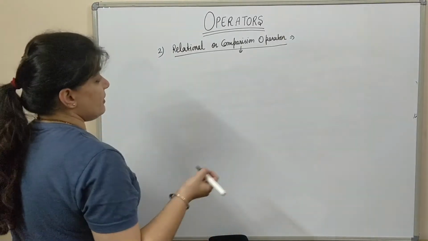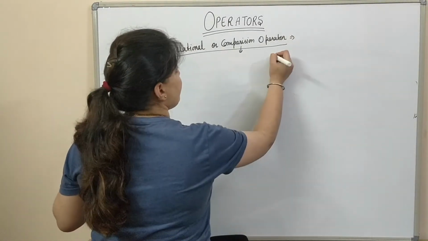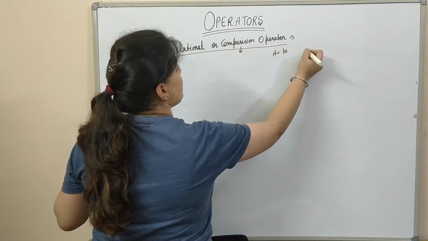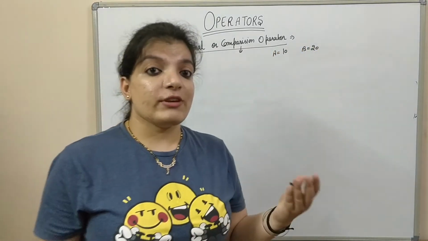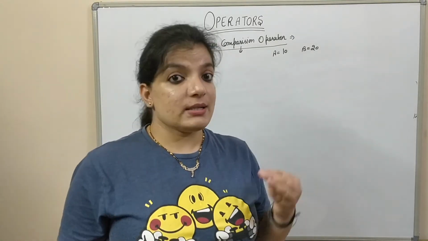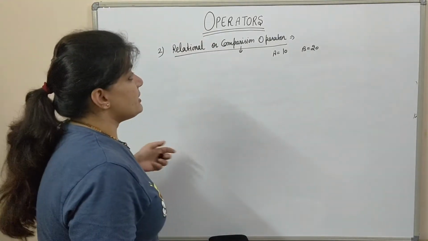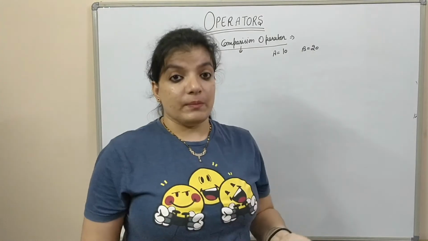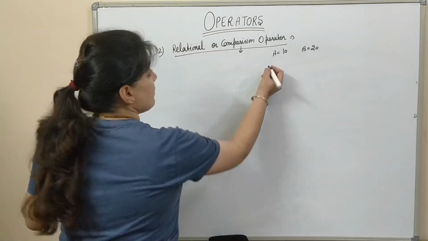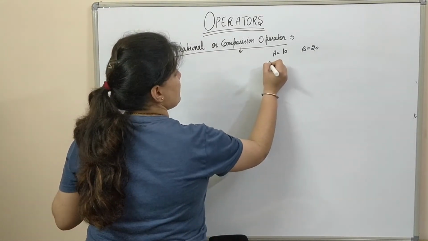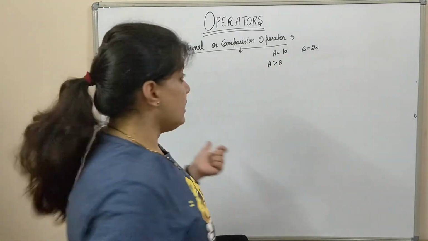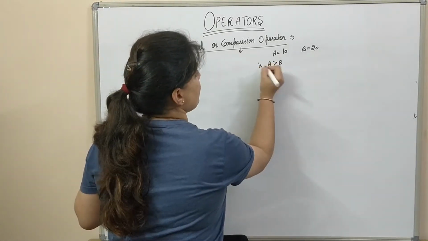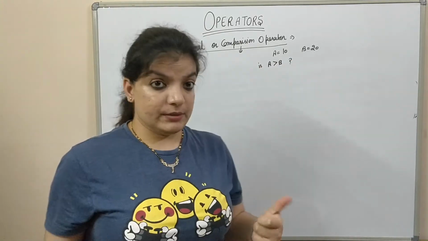Consider an example. Here we have A is equal to 10 and B is equal to 20. Now we have to check which value is greater, like A is greater than B. So how will we check? We will write this expression, A is greater than B, to check whether A is greater than B or not.